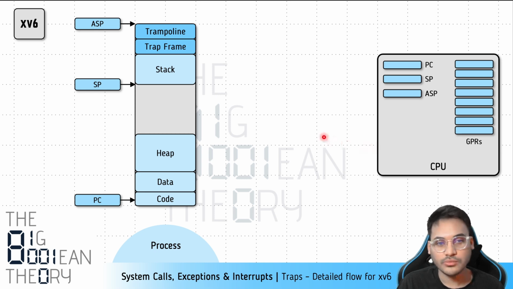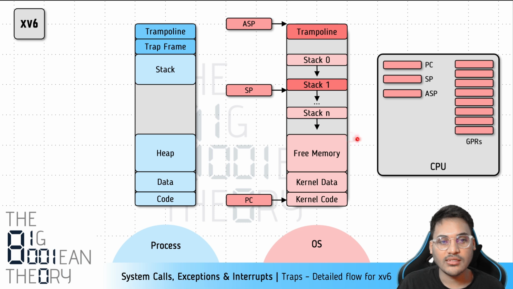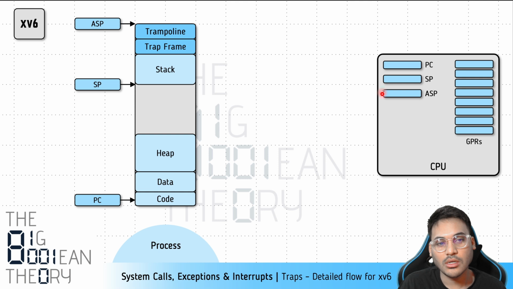And then we'll switch to values which are associated with the kernel. At this instant, you can see we have replaced all of the registers in the CPU with the values of the kernel. Previously we were executing in the address space of the user process, at some instruction in the code section, with some value of the stack pointer and some values of the GPRs.